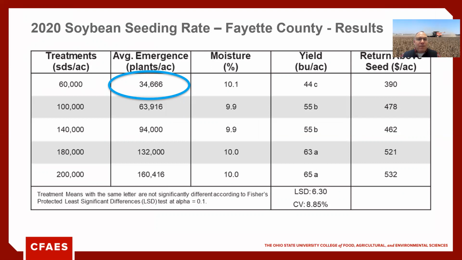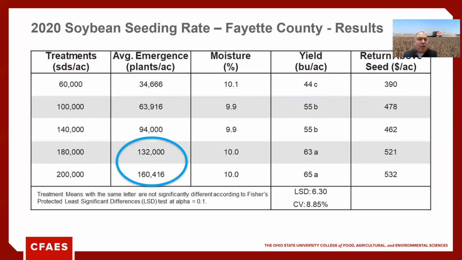We did receive on this population 44 bushels per acre. Some guys would be happy with that in some years, but on land that should produce 50 to 70 bushels in any given year, that was definitely on the lower side.